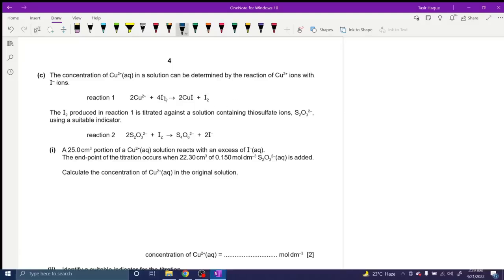Okay, so the iodide is in excess. We have some residual iodine left. So we're going to titrate the residual iodine with some thiosulfate. The endpoint of the titration occurs when 22.3 cm3 of 0.15 mol per dm3 thiosulfate is added to the residual iodine.